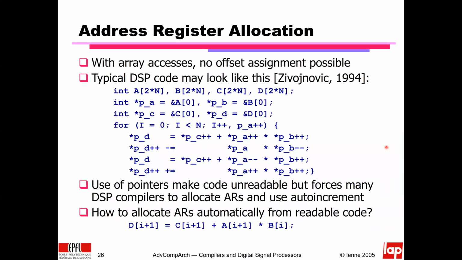Another problem that is linked to the AGU, so that was our first problem in compilation, right? Where if you want to use these AGUs well, you need to spend a lot of time for, in reality, relatively little problems.